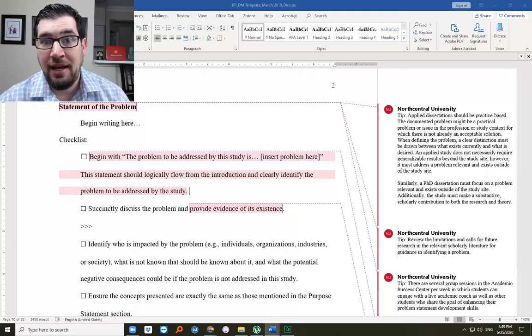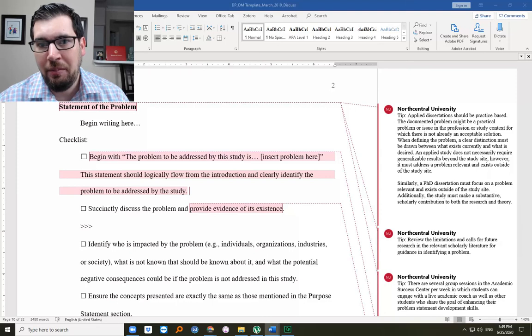What I mean by that is you can study whatever you want. You can say, well, today I got cut off, or I was driving to work and then I decided when I got to work I want to study why people drive slowly in the left lane of traffic. Okay, well, that could be a problem.